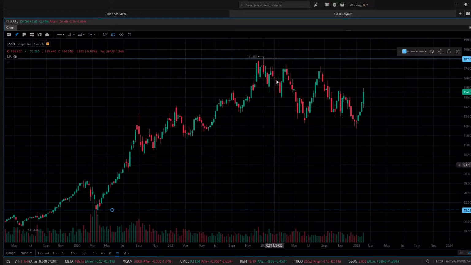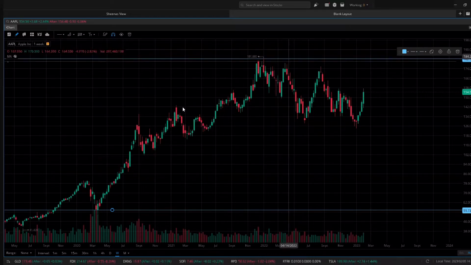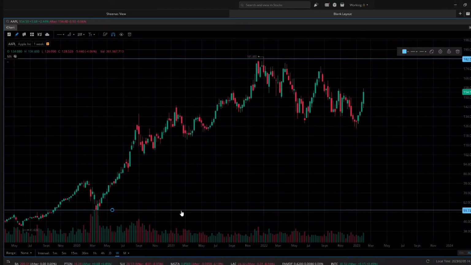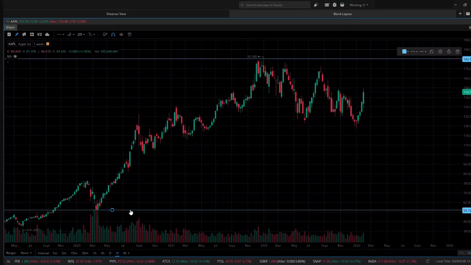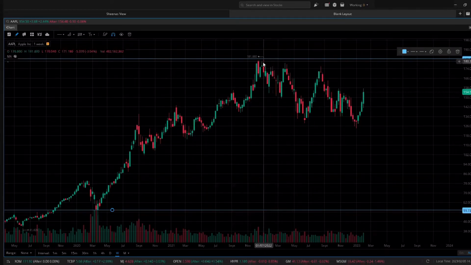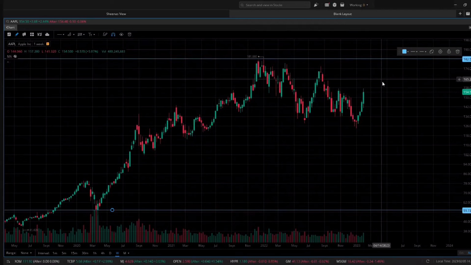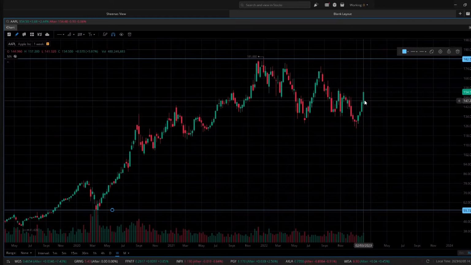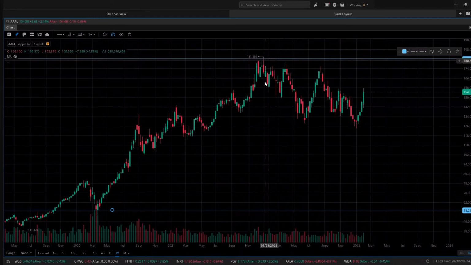So, okay, now we have a very high level of resistance and we have a very low level of support. But we need to figure out what's going on in the middle here because there's no way that we're going to wait for Apple to come all the way back down here. We hope it doesn't, especially if you're already invested in Apple. And then, we want to see how we're able to maximize where the price is now and where the price could potentially go.